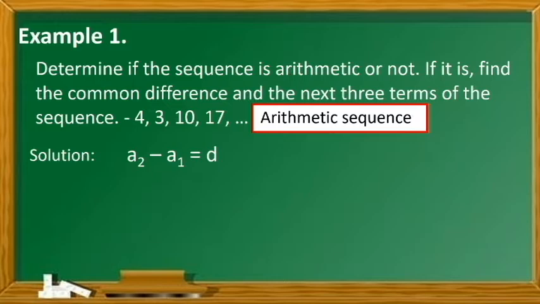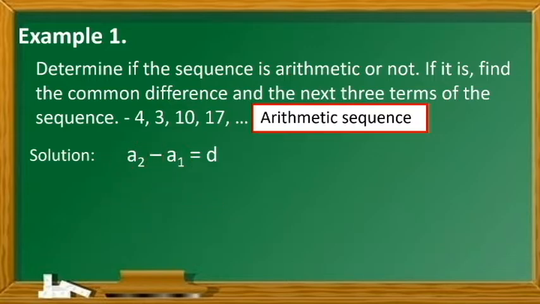Take note, it is not a sub 1 minus a sub 2. This process is wrong. Instead, the correct one is a sub 2 minus a sub 1, second term minus the first term. Okay, so let's continue.